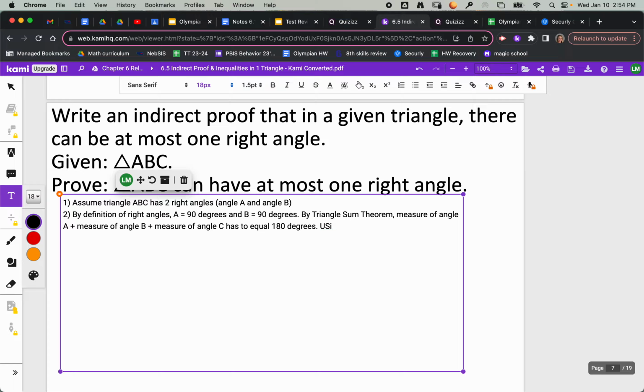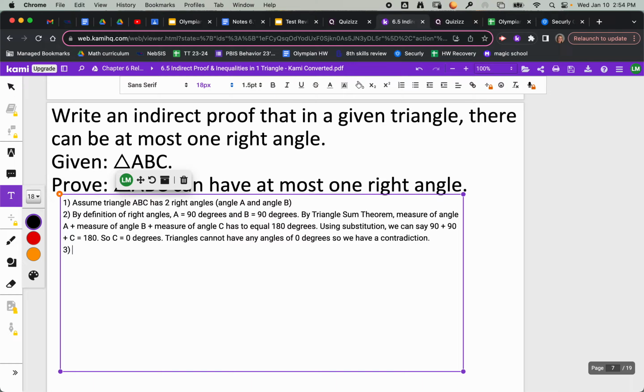Using substitution, we can say 90 plus 90 plus C equals 180 degrees. So C equals 0 degrees. Triangles cannot have any angles of 0 degrees, so we have a contradiction.